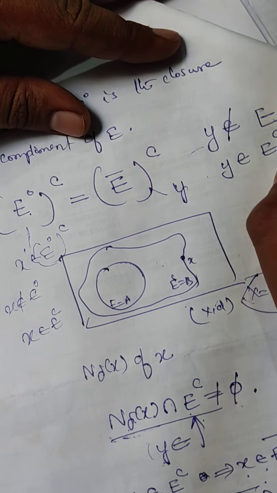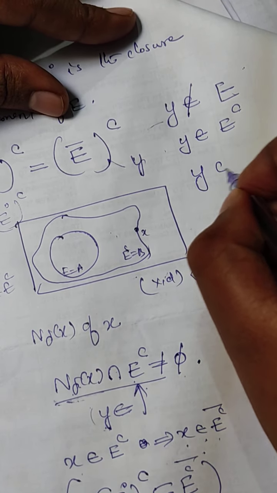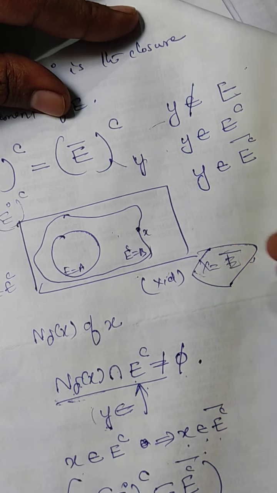Since Y belongs to E complement, we can write Y belongs to E complement closure, right?